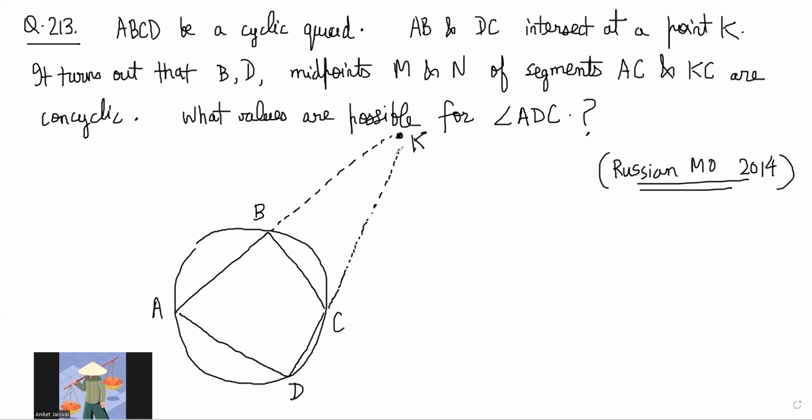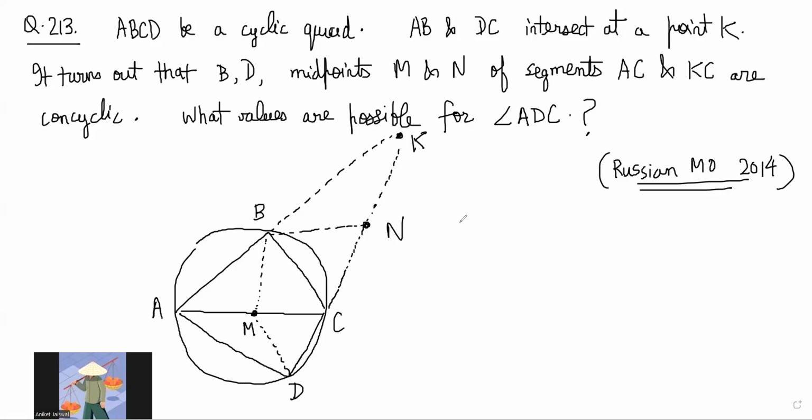And the midpoint of AC is M, and the midpoint of KC is N. And they are saying that BDMN is also cyclic, so there is a circle through BDMN. You have to figure out the angles possible for ADC.